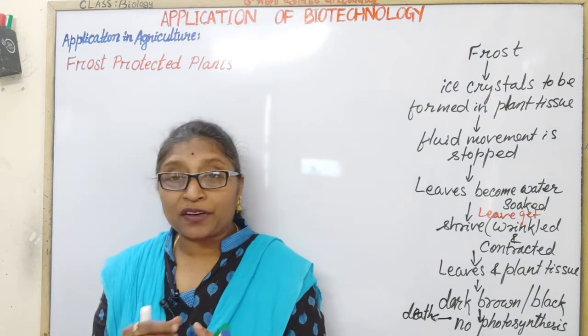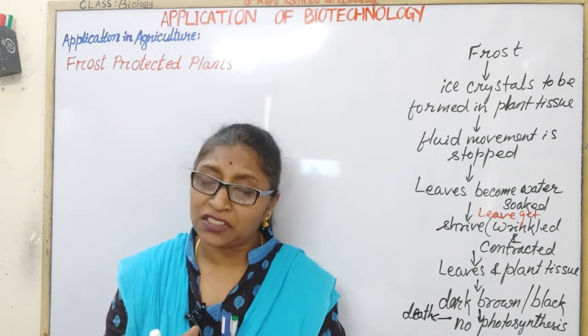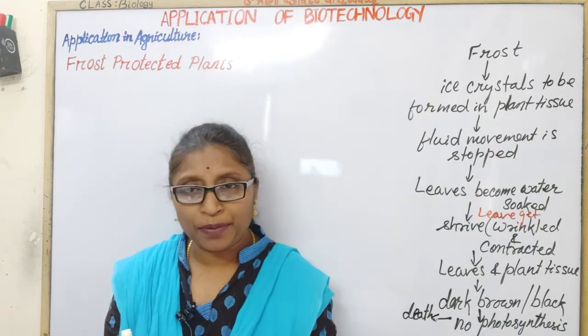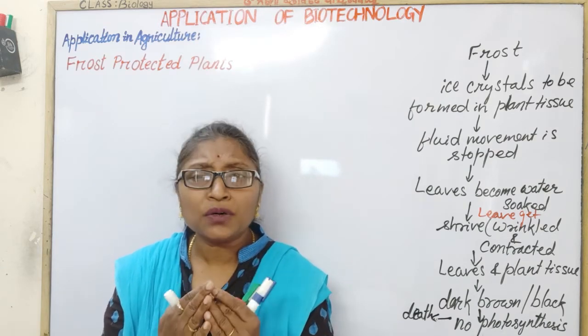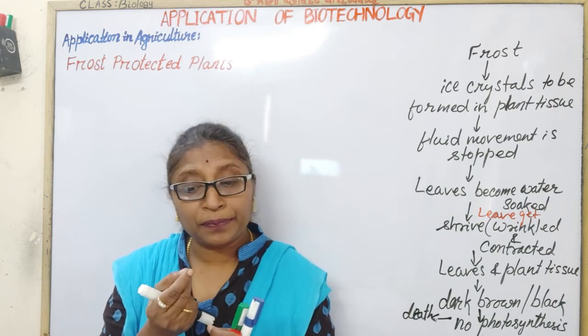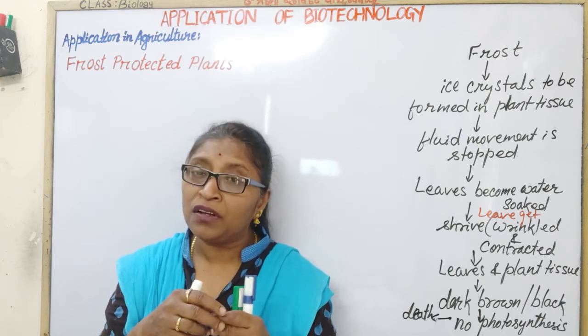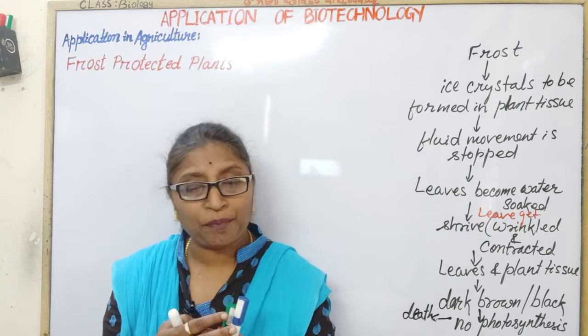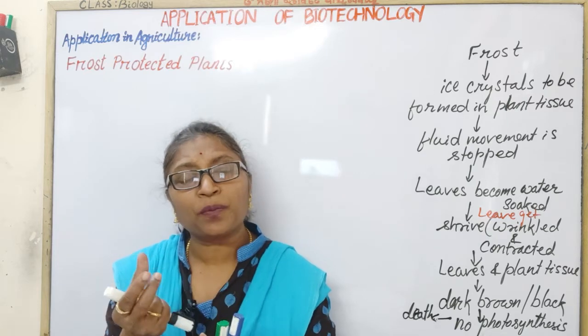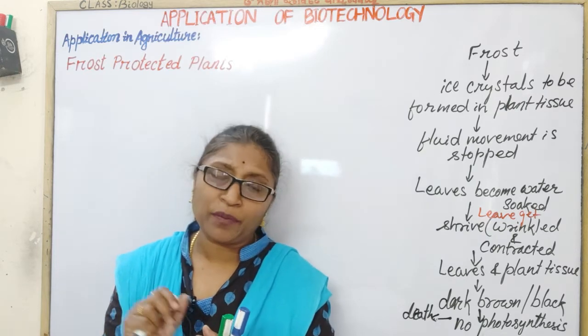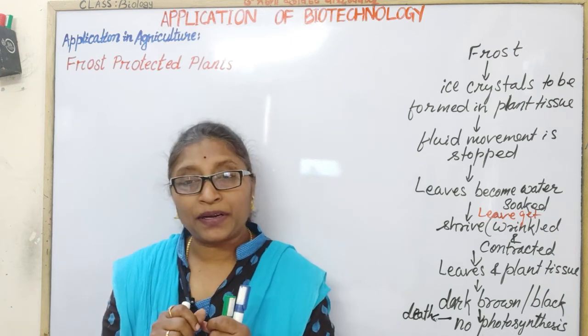That means it causes the formation of ice crystals on the membrane, on the cell wall. How? First of all, it synthesizes a protein that is secreted onto the membrane, and that causes the formation of ice by taking the moisture of the environment.